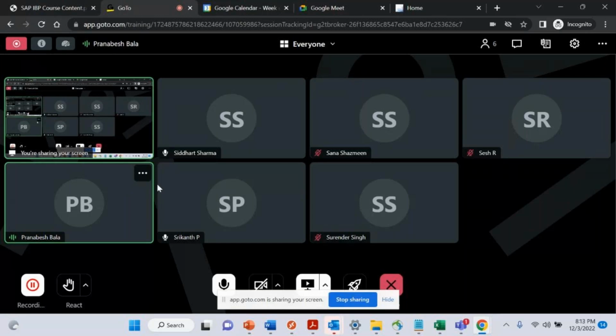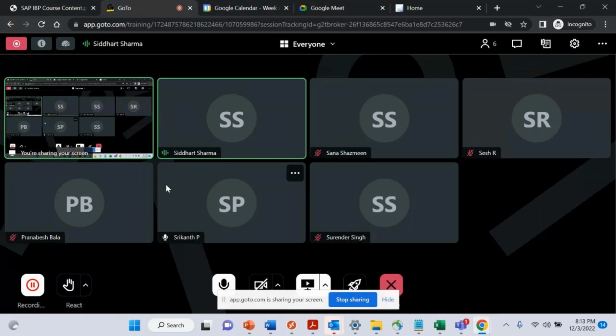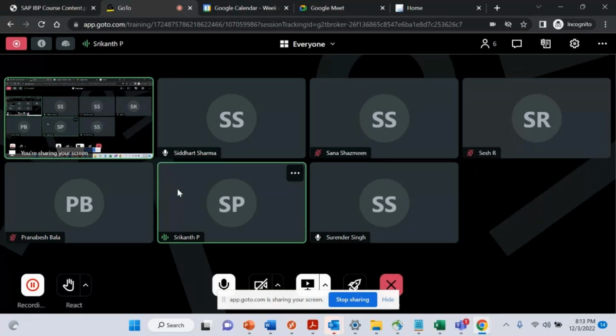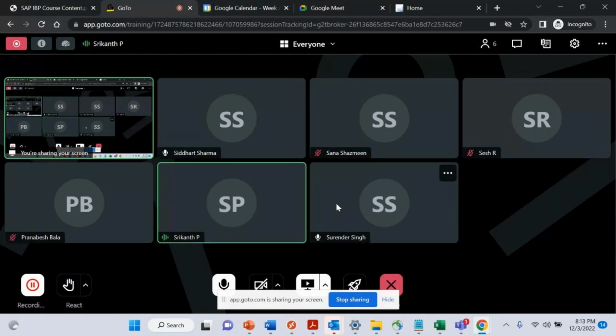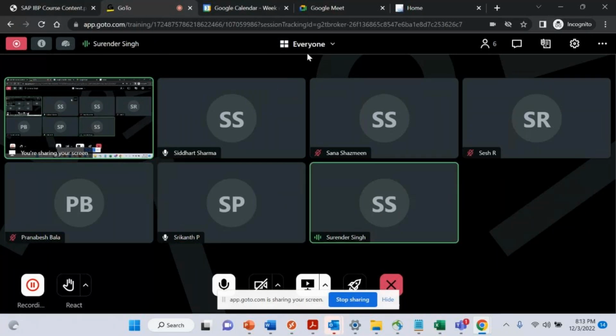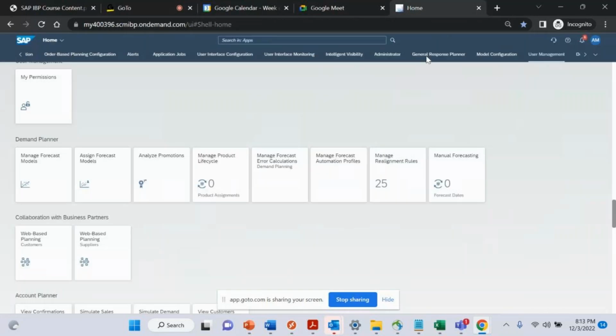Srikant, I am also familiar with scheduling these job templates and creating PPDS attributes; I have worked on those steps. Surinder, beyond that, these algorithms I have not worked on. I am new to this. Okay, good.